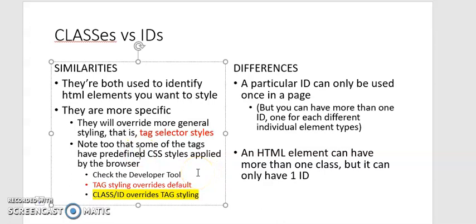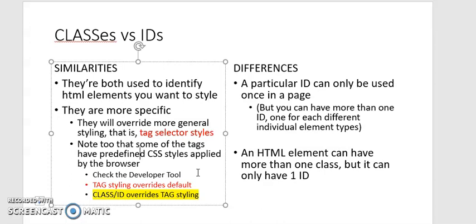It's also good to remember that some of the tags have predefined CSS styles, and these default styles are applied by the browser. If you look at the developer tool, you can actually see that once you use a class or ID selector, that selector would override the more general default selector.